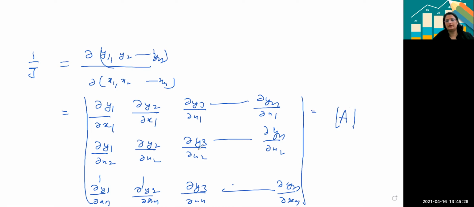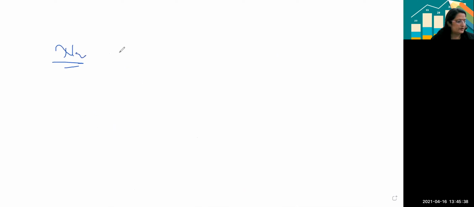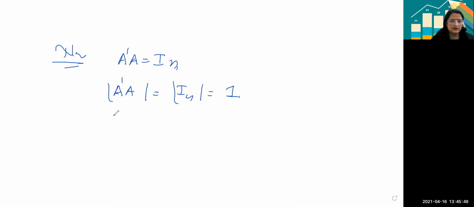When you solve this, you will get it, because the transformation you have been given is y is equal to Ax. So here we have the mod of it. Now it is an orthogonal matrix, so A dash A is equal to In. It implies the determinant of A dash A is equal to the determinant of In, and that will be 1.